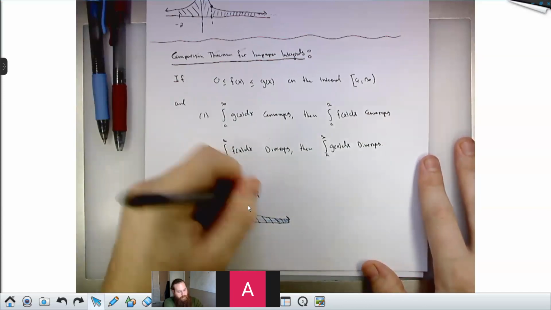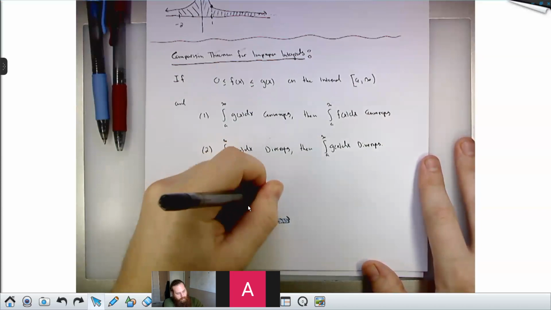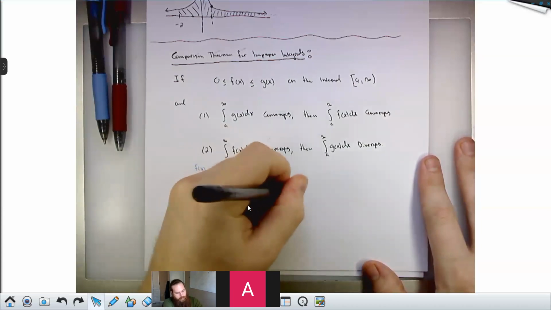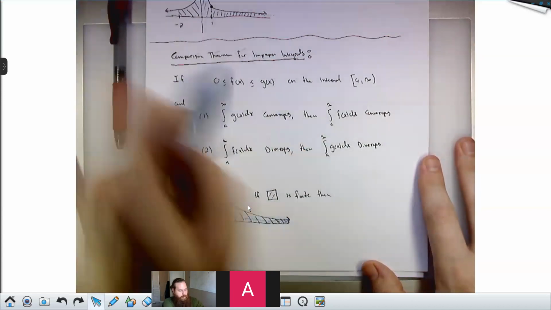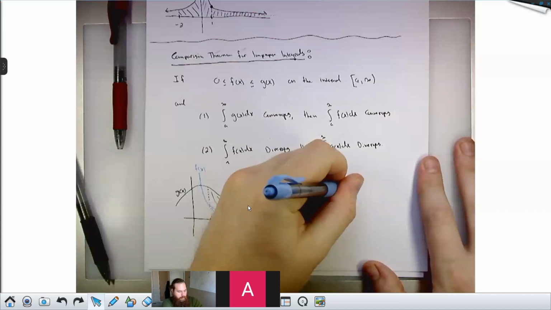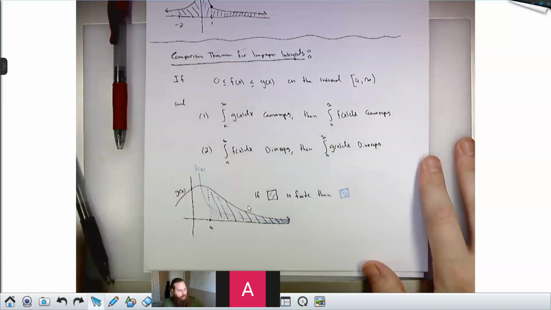So if the black area is finite, then the blue area is finite.